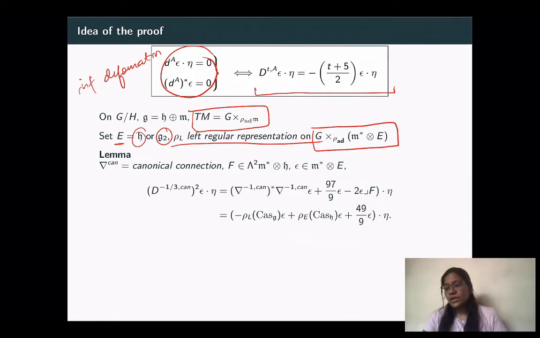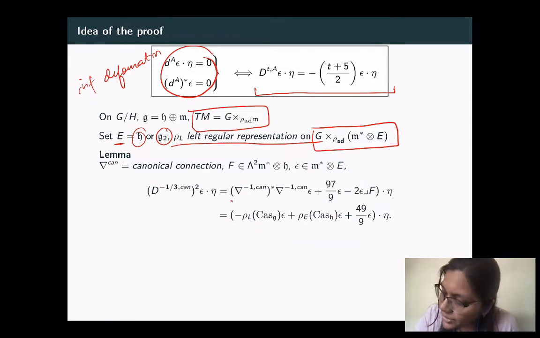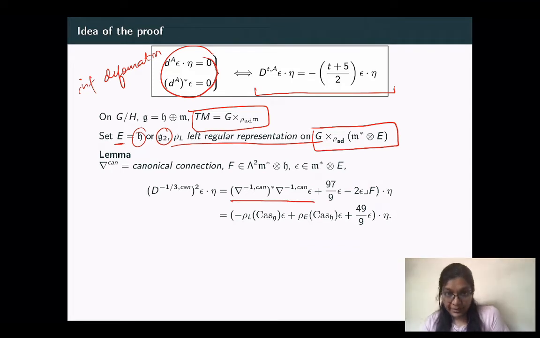And on this associated vector bundle, since we are dealing with the canonical connection, we can make use of the properties of the canonical connection, or the characteristic homogeneous connection, to describe this rough Laplacian in terms of the Casimir operator. So we have these semi-simple Lie algebras, the Lie algebra of G and the Lie algebra of H, and we have the Casimir operator, and then we can actually just use the formula of the rough Laplacian and the fact that we are on the canonical connection to write the rough Laplacian in terms of this.